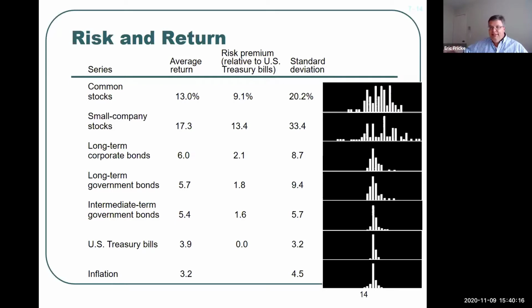Every year it makes this chart. And usually when you chart something like that, it looks kind of like a normal distribution or bell curve, if you recall from your statistics class. And that's what this final column over here on the slide is. It shows the historical frequency of different returns for each of those financial assets.